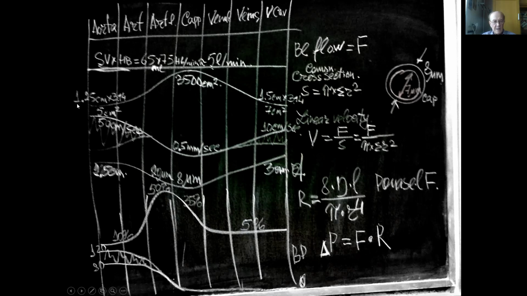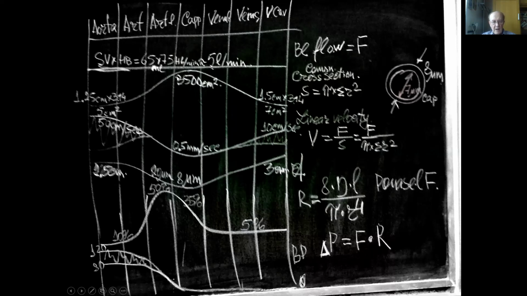The diameter of the aorta is approximately 1.5 centimeter. This is the radius, the half of the diameter. We multiply by 3.15, and approximately this common cross section is equal to 5 centimeters squared.